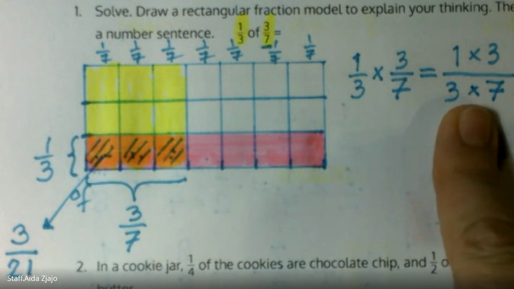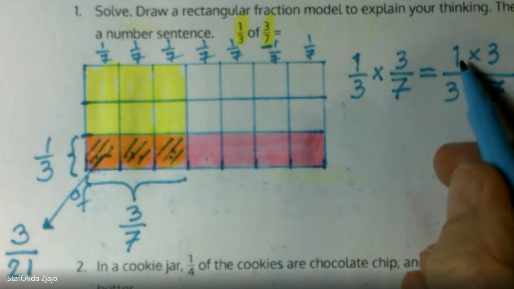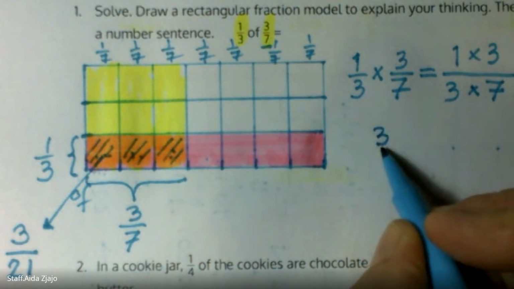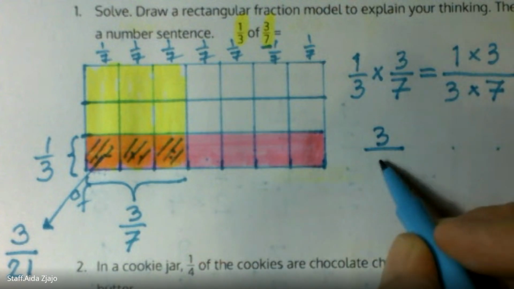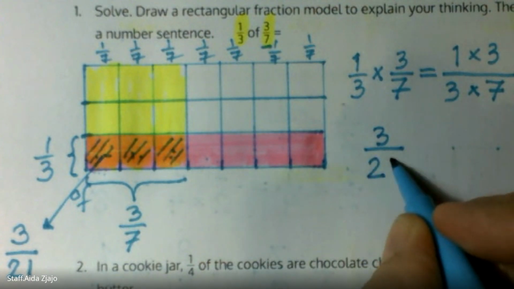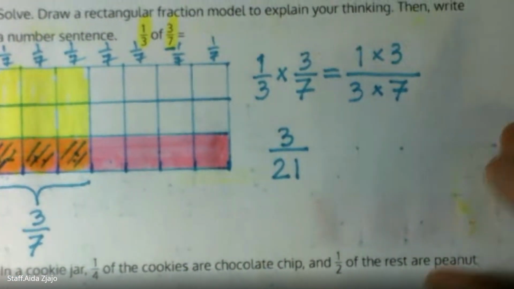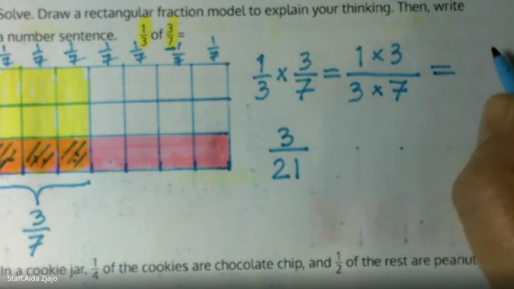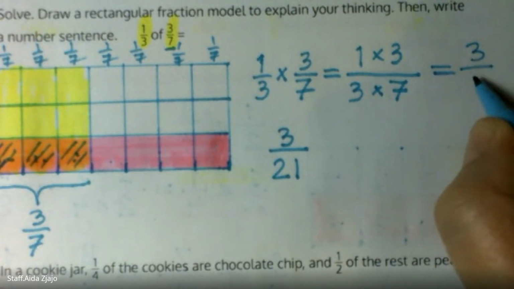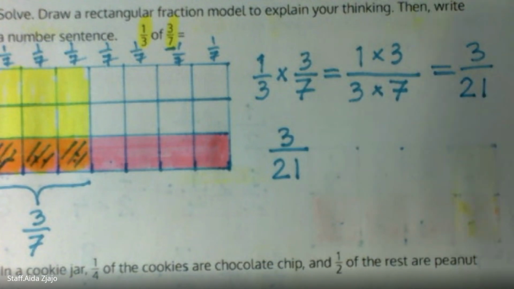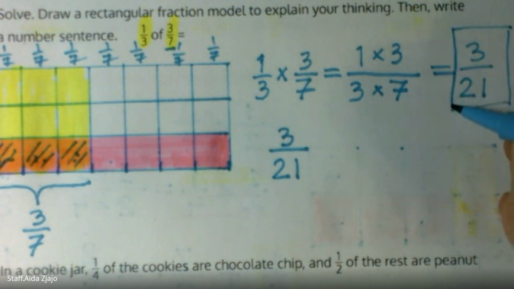So when we multiply, we get 1 times 3 is 3, and 3 times 7 is 21. And that equals 3/21. This is one answer.